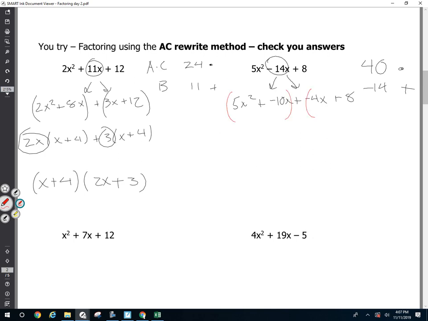Two groups of two, factor out the greatest common factor. Okay. Pause.